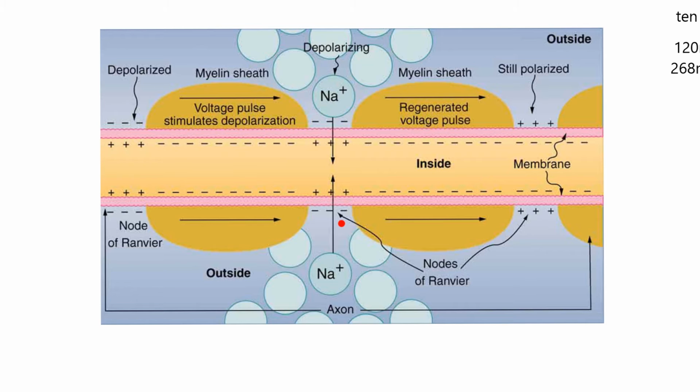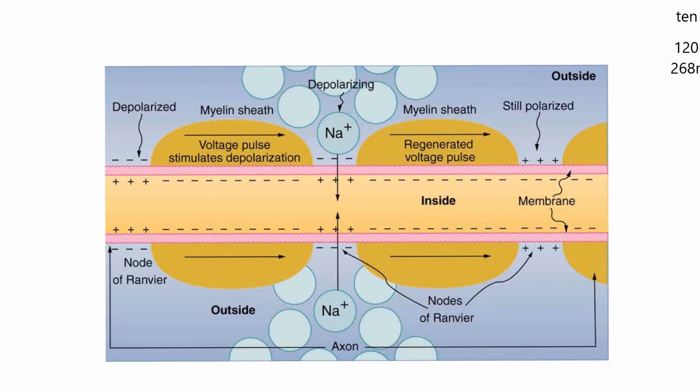These little gaps are called nodes of Ranvier, down here. And so what I wanted to point out is if an axon is myelinated, it tends to transmit nerve impulses up to 10 times faster than if it didn't have myelin.